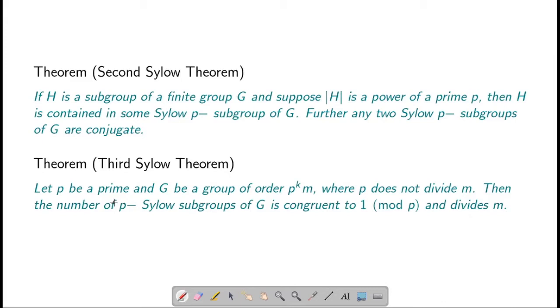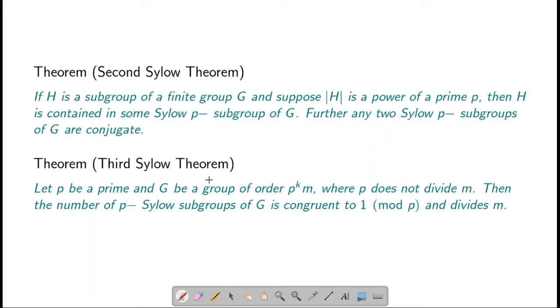So the third Sylow theorem is about the number of Sylow p-subgroups. The second theorem talks about two Sylow p-subgroups being conjugates. Okay, so this is the difference.